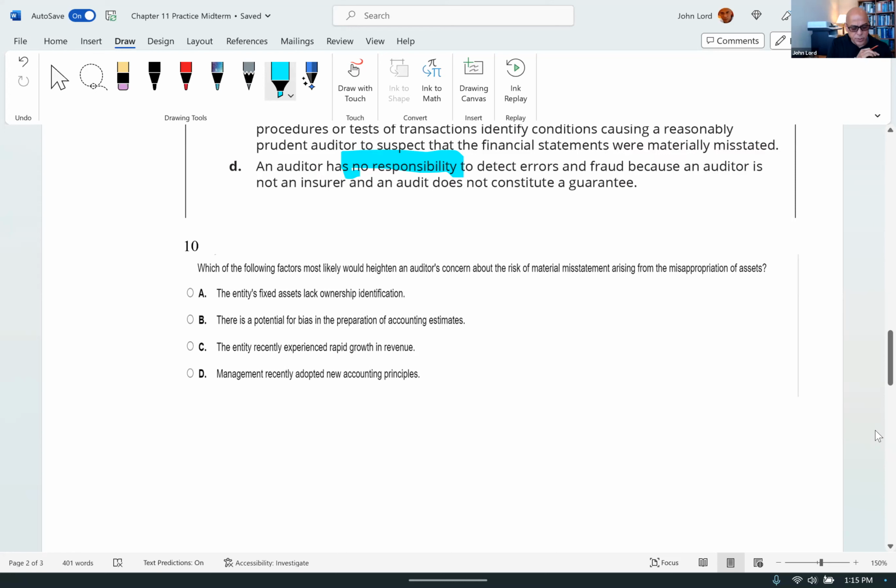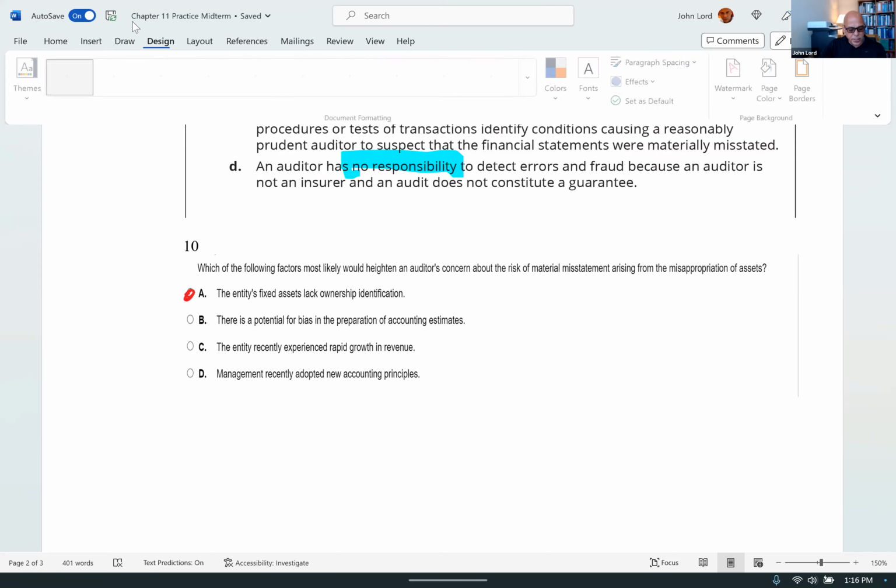The entity recently experienced rapid growth in revenue. Again, that might lead to financial reporting fraud, but not so much the stealing. Management recently adopted new accounting principles. So you look at B, C, and D, those are probably leading to financial reporting fraud. The misappropriation of assets, the stealing, is going to be more under the idea of the fixed assets lacking ownership identification.